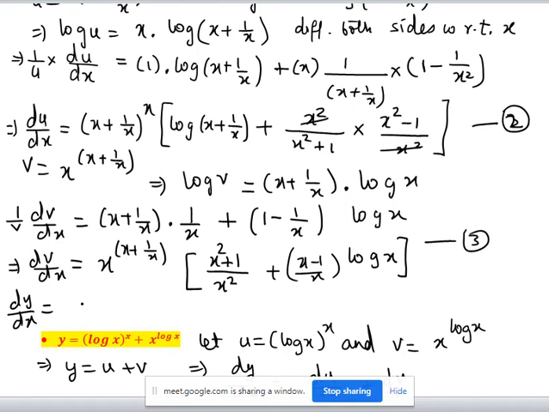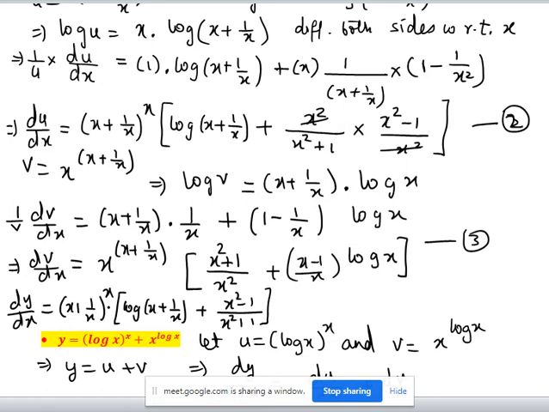So I will write du over dx here, which is (x plus 1 over x) to the power x, and this is multiplying with log x plus 1 over x and then plus x square minus 1. We could see x square got cancelled out here. So x square minus 1 over x square plus 1.